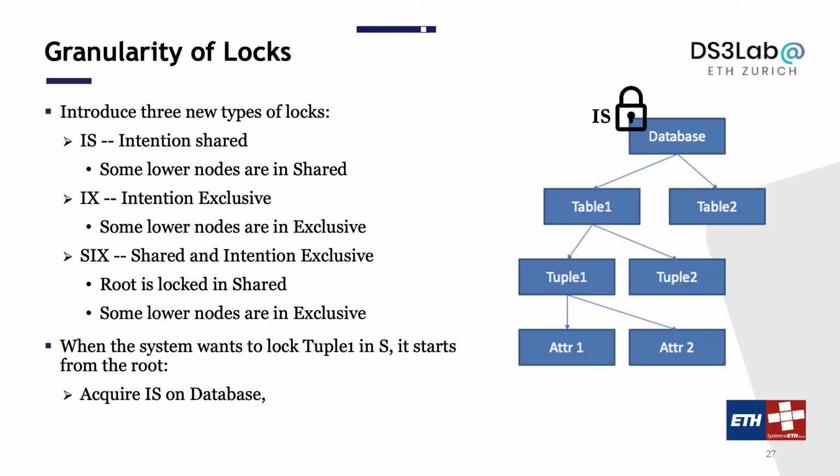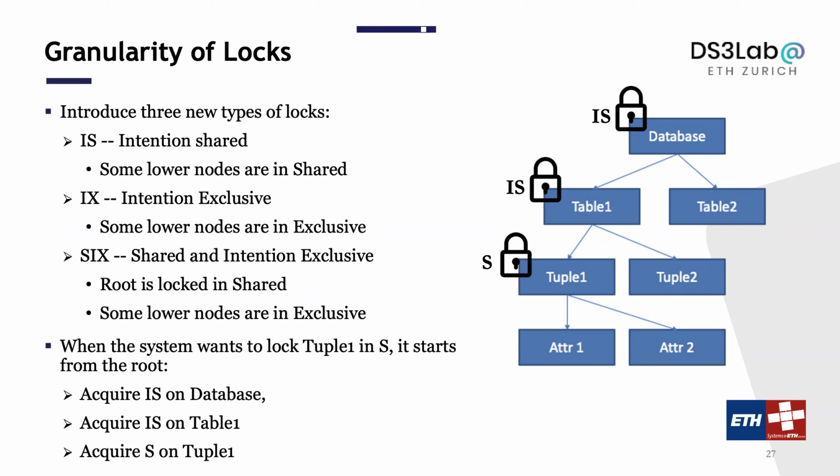If I get it, I ask for an intention shared lock on table 1. If I get it, I acquire the shared lock on tuple 1.